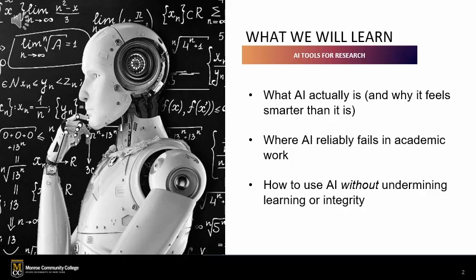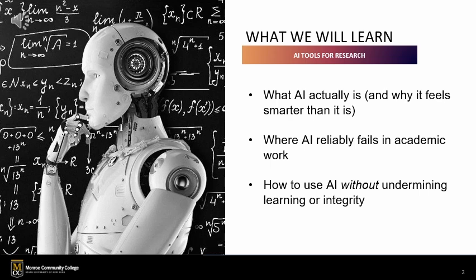We're going to focus on three key areas today. First, what AI actually is, and I'm going to show you why it often feels smarter than it really is. That gap between perception and reality is where a lot of problems start. Second, we'll talk about where AI reliably fails in academic contexts.